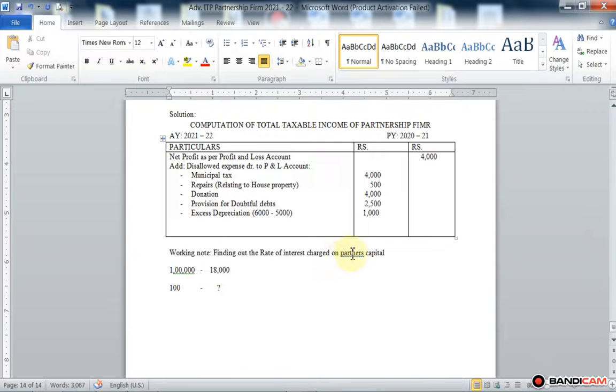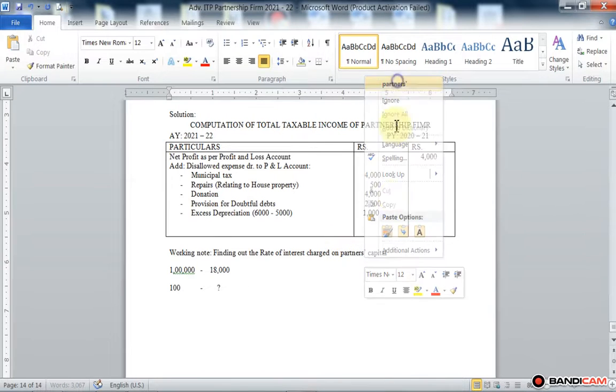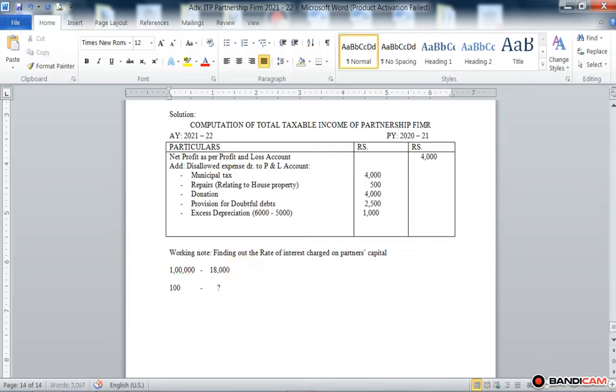Here we make a cross multiplication: 100 multiplied by 18,000 divided by 1 lakh.